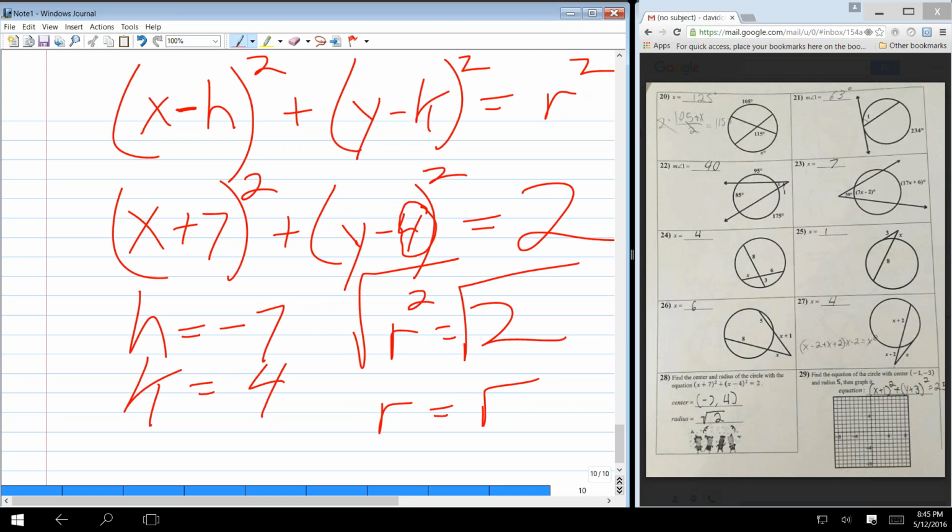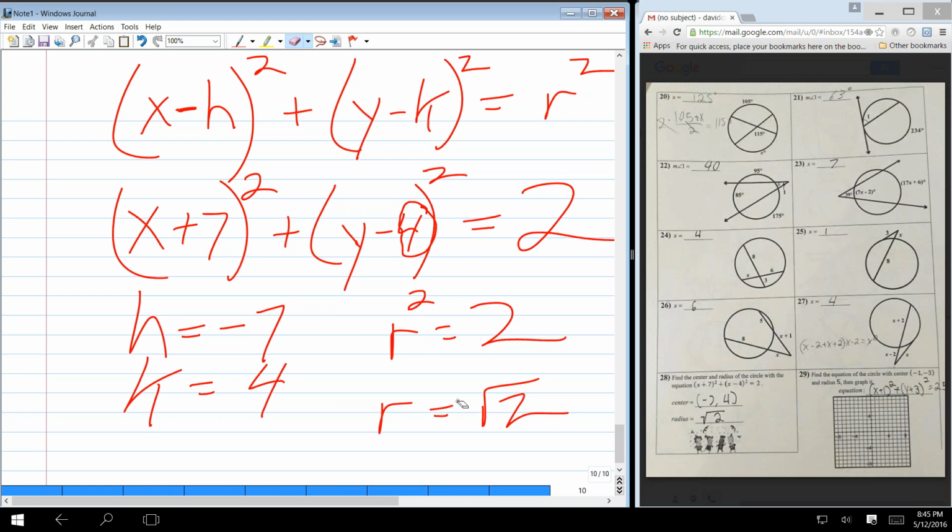R is equal to plus or minus root 2. Whenever you solve an equation by taking the square root of both sides, the answer always begins with plus or minus. However, because we're talking about the radius of a circle, you can't have a negative radius. So again, we can take away the minus and just leave this as the answer.